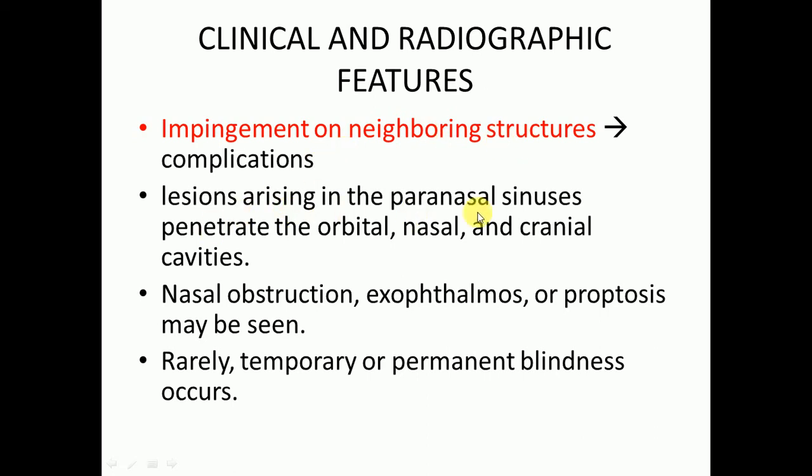Lesions arising in the paranasal sinuses penetrate the orbital, nasal, and cranial cavities, as we showed in our previous figure, where the lesion in the maxillary sinus was penetrating the lateral nasal wall and the orbital wall. Nasal obstruction, exophthalmos, and proptosis may be seen in such cases. Rarely temporary or permanent blindness can occur.